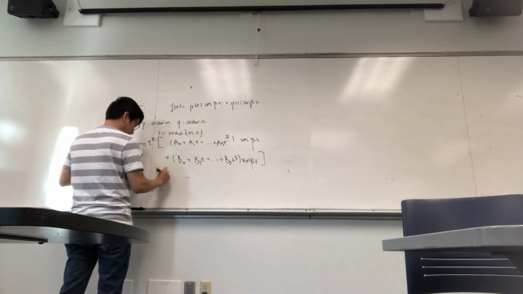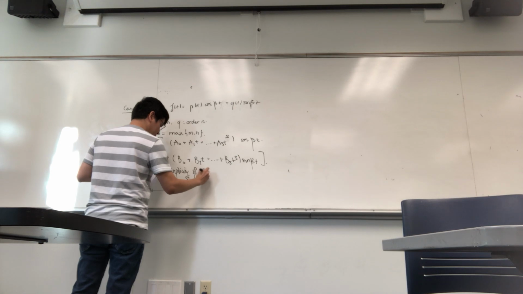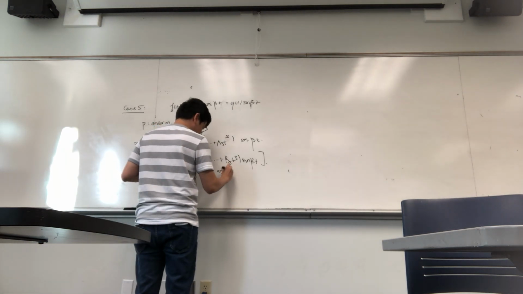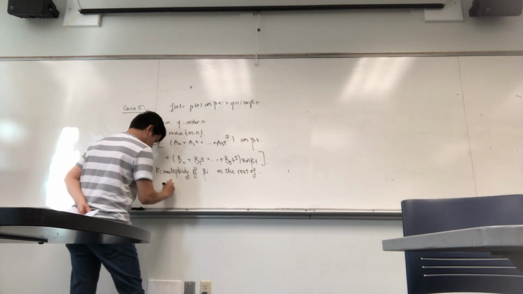K will be the multiplicity of beta i as a root of the characteristic equation.